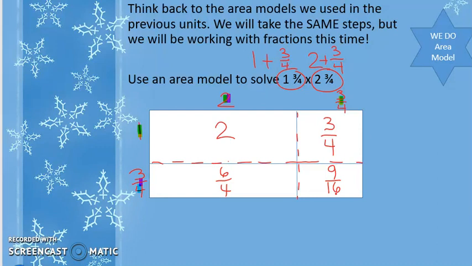And now we're going to add all of these parts up. So we're going to add 2 plus 6/4 plus 3/4 plus 9/16. And we know that we can find a common denominator of 16. So we're going to make these 16s. We made them 16 by multiplying each of those 4s by 4.